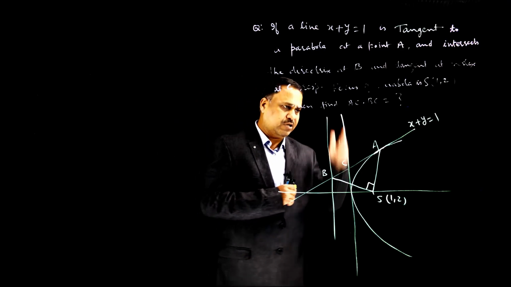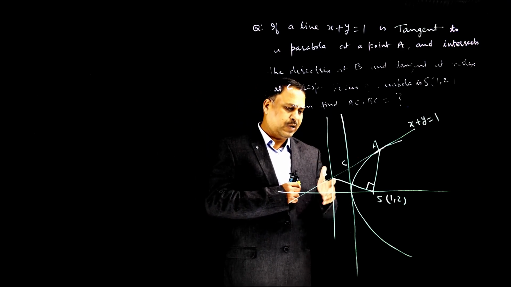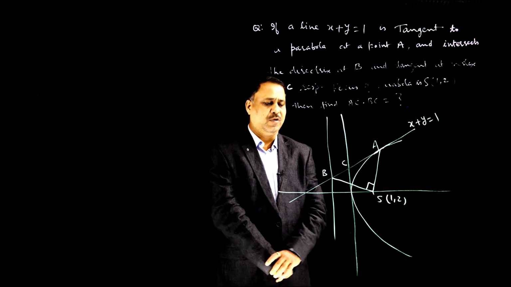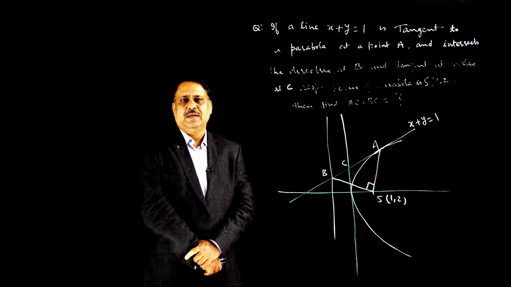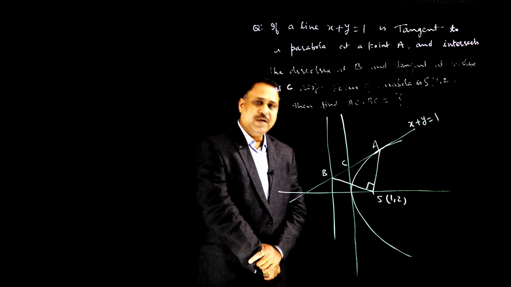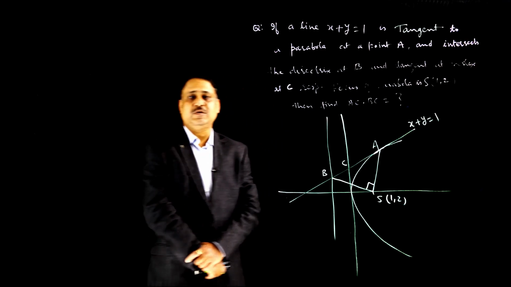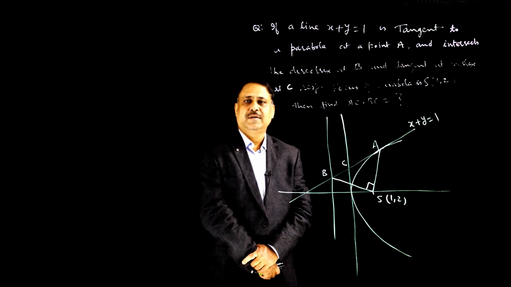As we don't know the equation of this line, I don't know the vertex either, so I cannot find the points B and C. The only thing I know is the equation of the line x plus y is equal to 1. So here is one hint: you can use circle concepts. You may be wondering, sir, where is the circle?